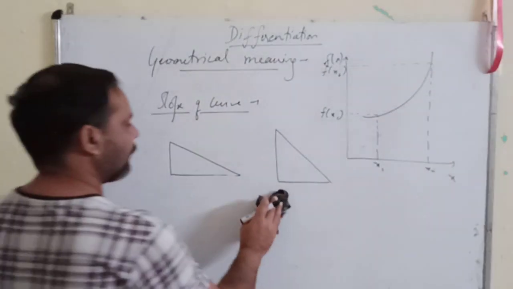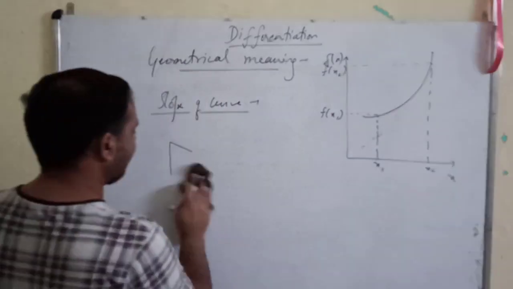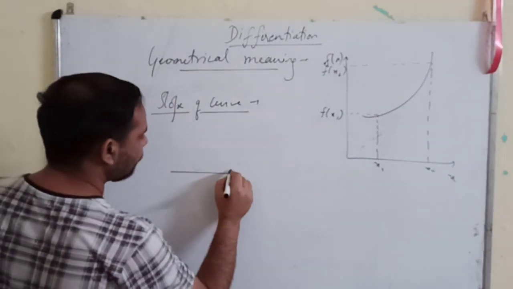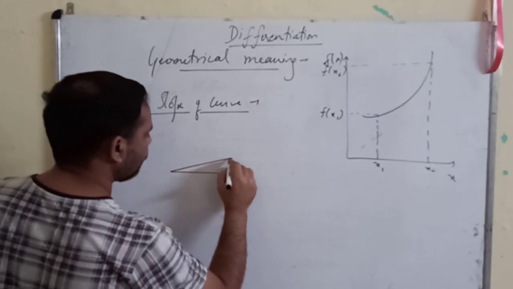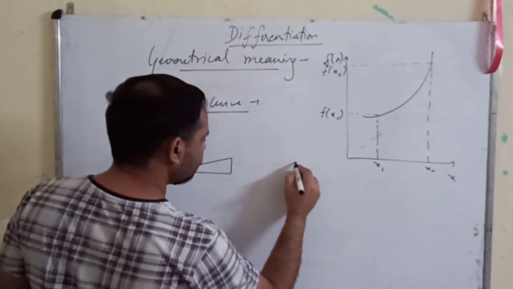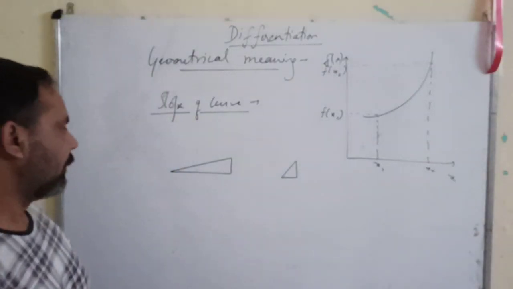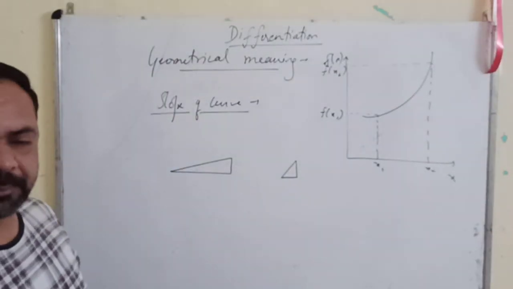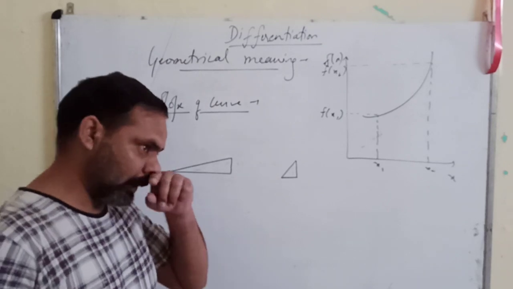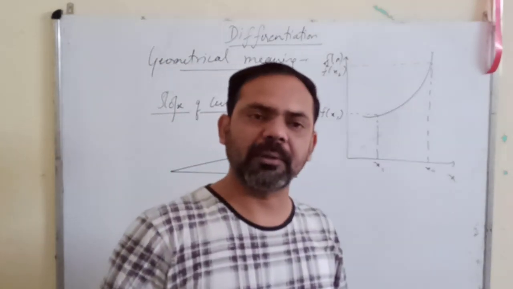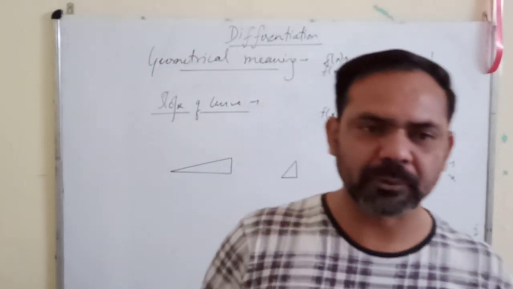Let me change this figure because I will have to tell you something here. You have two different figures. Generally we have ramps on the gates of our houses.